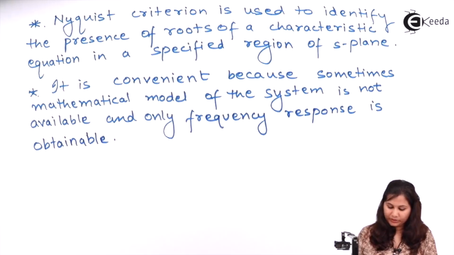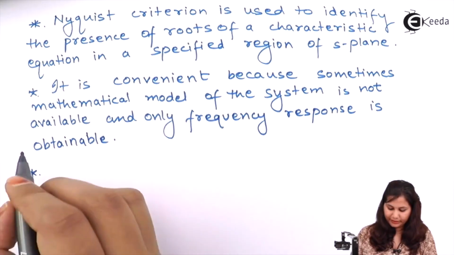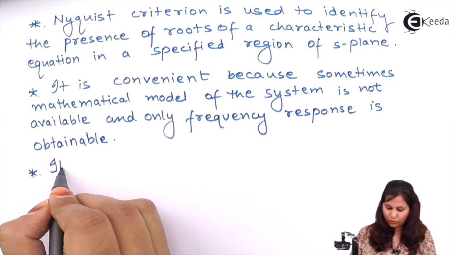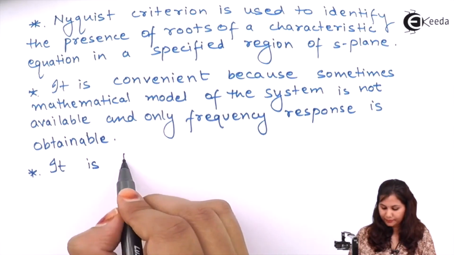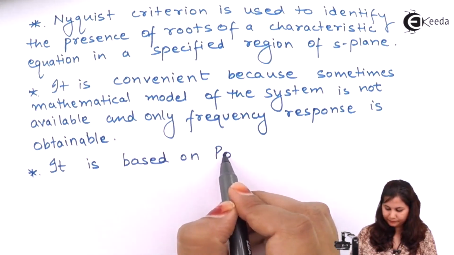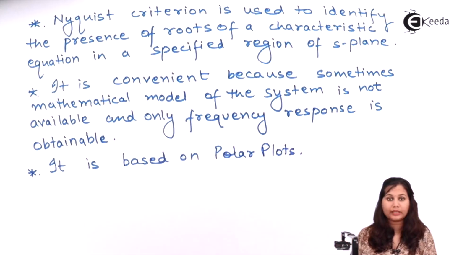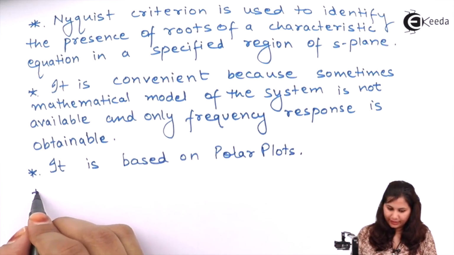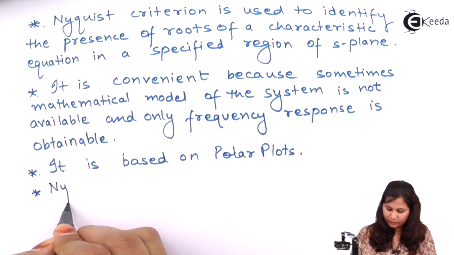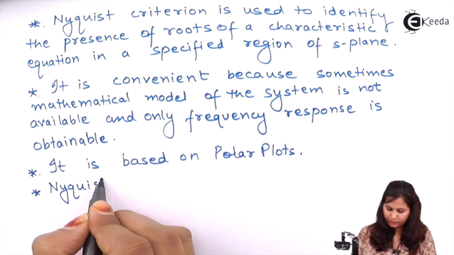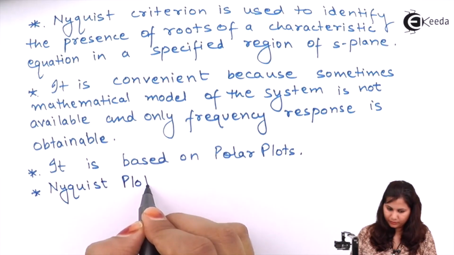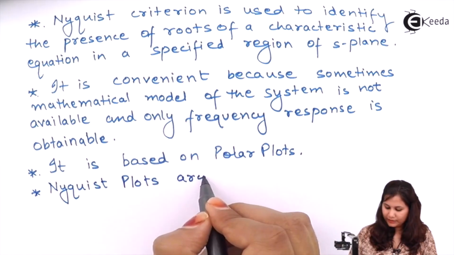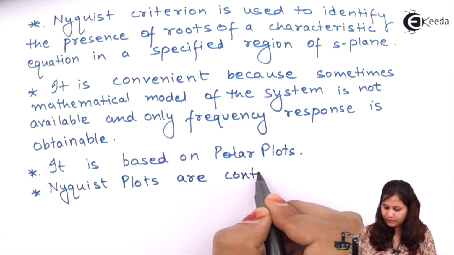Okay. Now this Nyquist stability criteria is based on polar plots. Okay, and we can say that the Nyquist plots are in continuation of the polar plots.